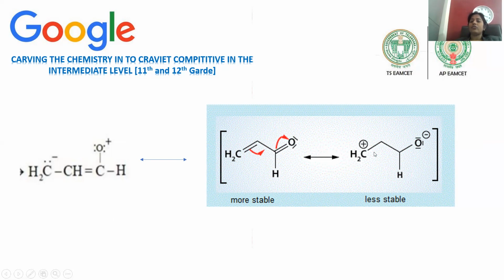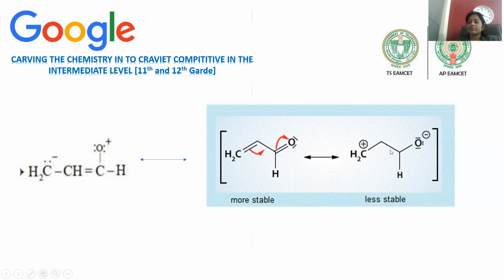Anyone can say, if you compare the electronegativity of carbon and oxygen, obviously oxygen is the electronegative atom, having a strong tendency to hold its electrons. That's the reason why oxygen is more favorable to carry the negative charge, but not the positive charge. Carbon has a tendency to get the positive charge, but not the negative charge.